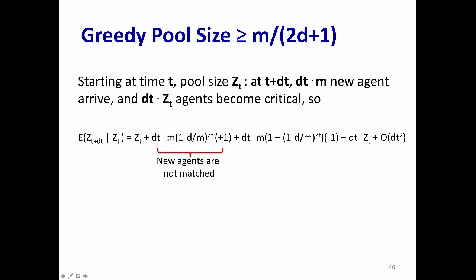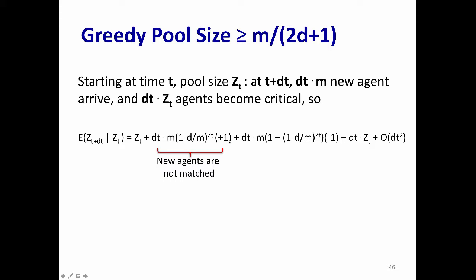So this is the arrival rate of new agents. And if I cannot match that new agent, then that agent is added to the pool, and the pool size increases by 1. Okay, so that's quite simple. This is the probability I cannot match a new agent.